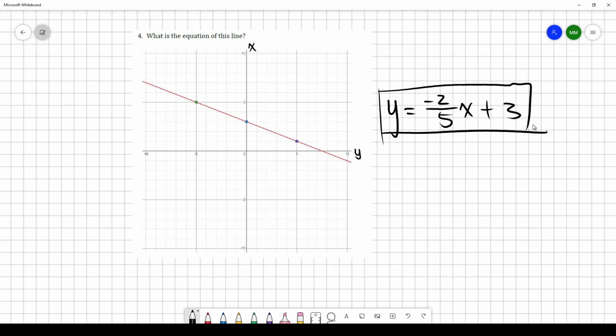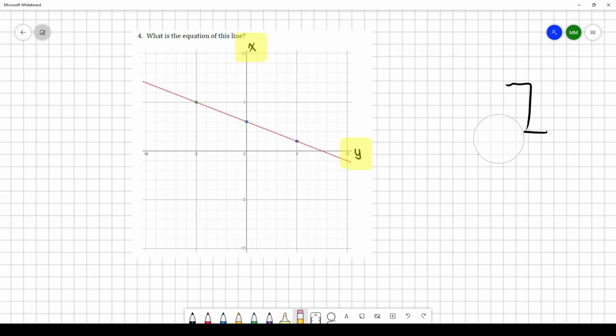Normally, this is correct, but the key is to recognize these two: I switched up the axis. So this is correct if this is the y-axis and this is the x-axis, but it's not correct now because I switched up the axis.